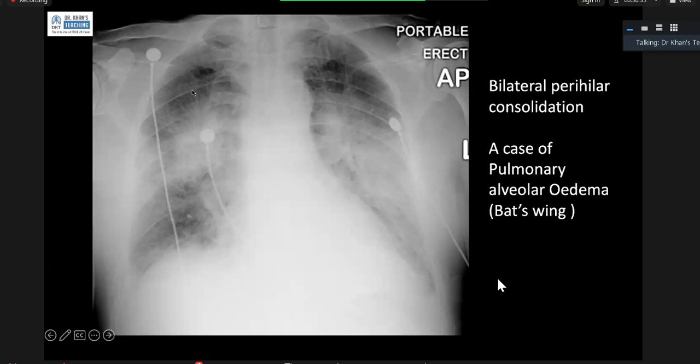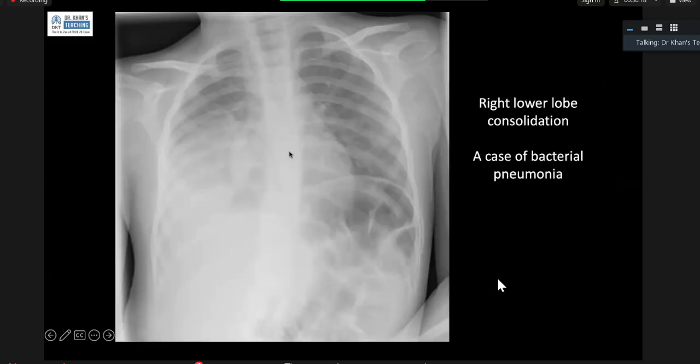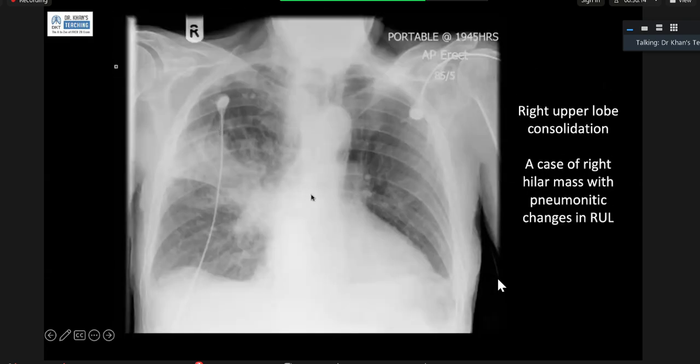Now, this is bilateral perihilar pulmonary alveolar edema pattern, okay, bat wing kind. This is more of a specific pattern, and together with the clinical features, this is a straightforward case of pulmonary alveolar edema, right? So we were looking at consolidation due to different causes. This is an infective cause. This is because of obstructive causes, the tumor causing some pneumonitic changes distal to it.